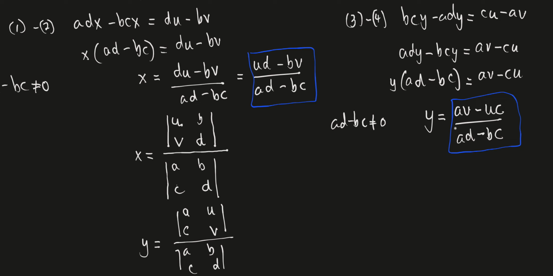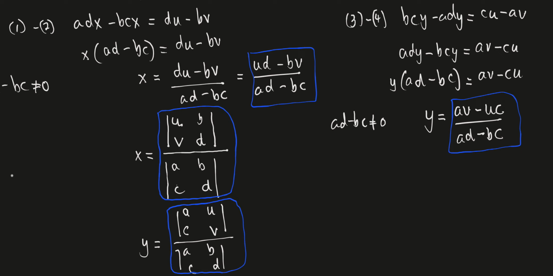So I'm basically taking what I know about the form of a determinant for a 2 by 2 matrix, and I'm setting up this answer in terms of determinants, and then I'm doing the same with this answer. Right? Now let me write the matrix form of the system that I wrote down earlier.